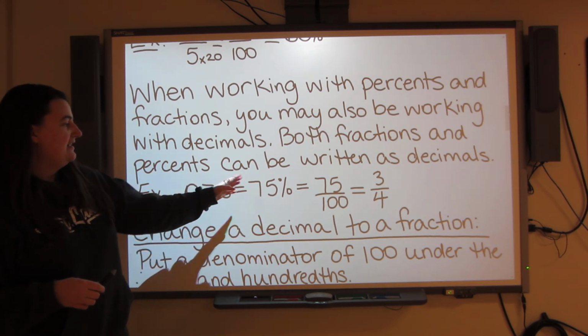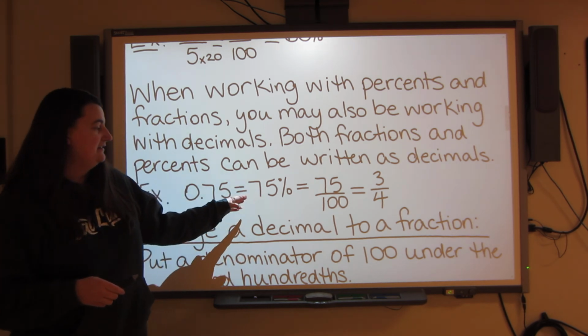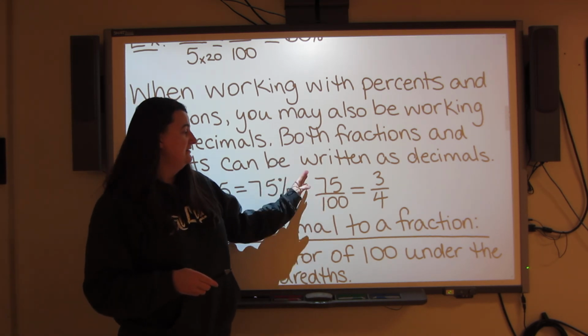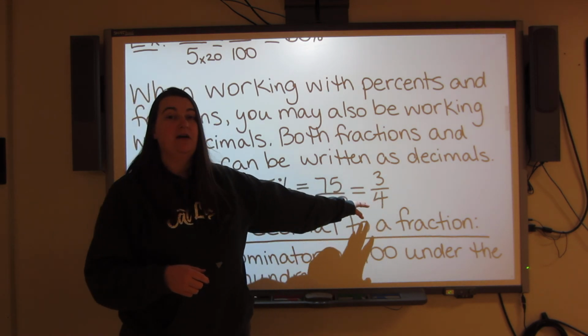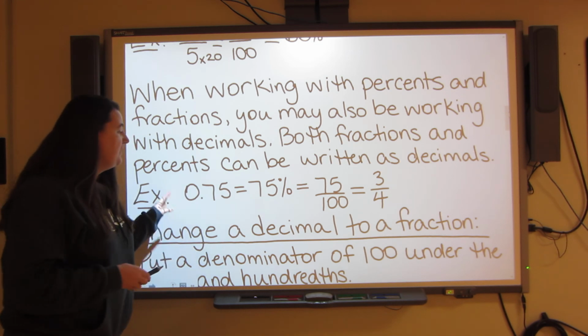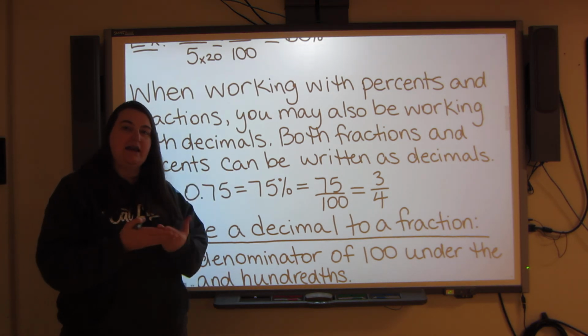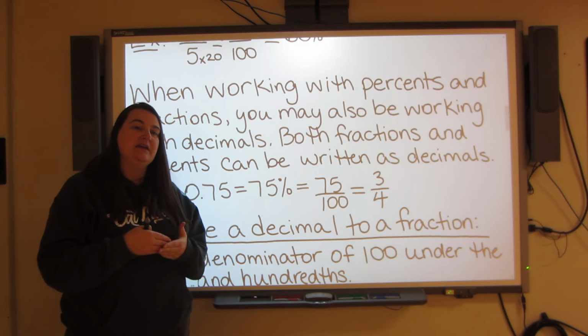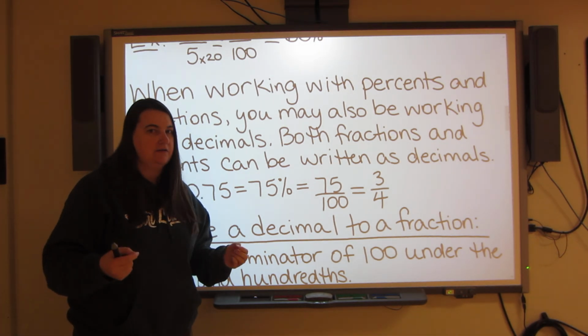To write that as a percent, I would have 75%. I can write it as a fraction, 75 over 100, which would then turn into 3 over 4 in lowest terms. So percents, decimals, fractions, they're all connected. They can all be used to express the same value.